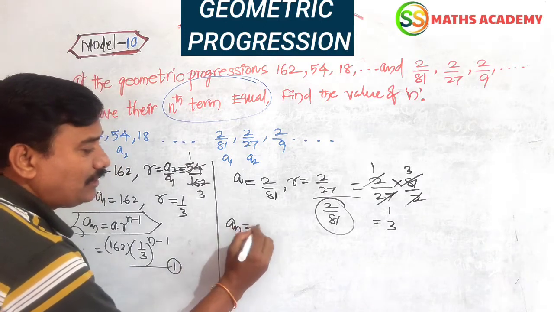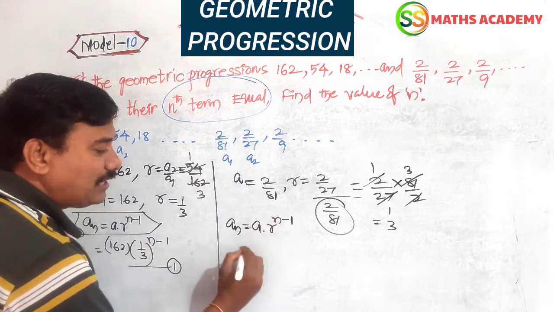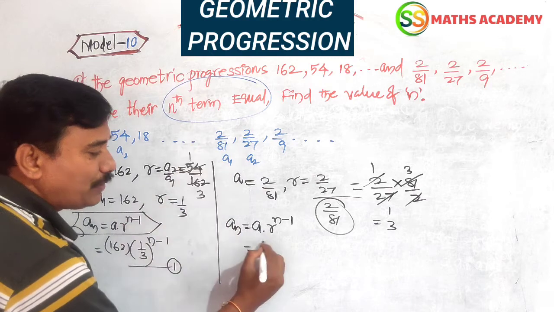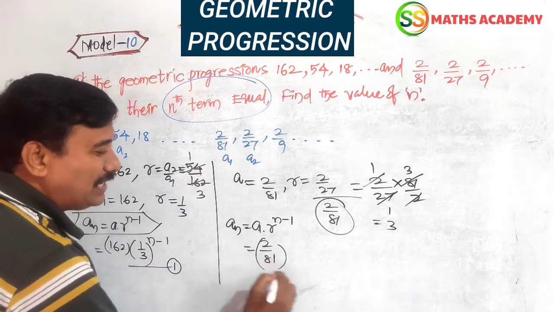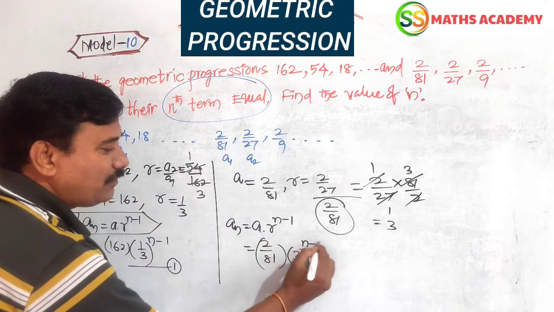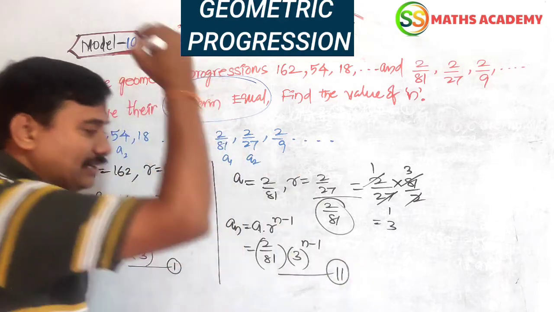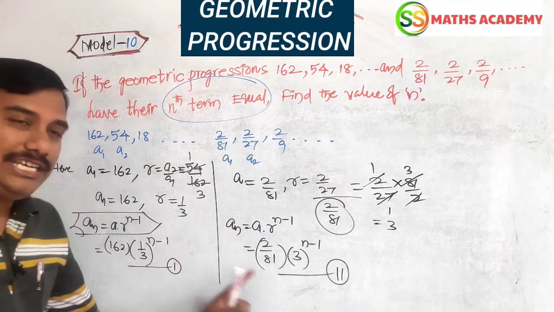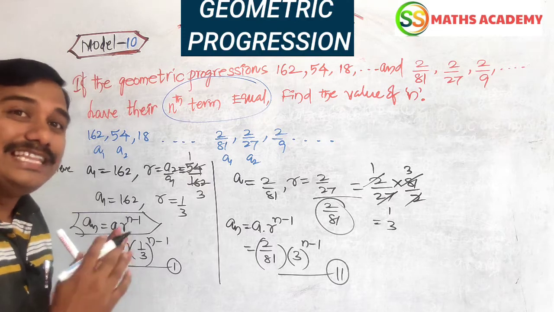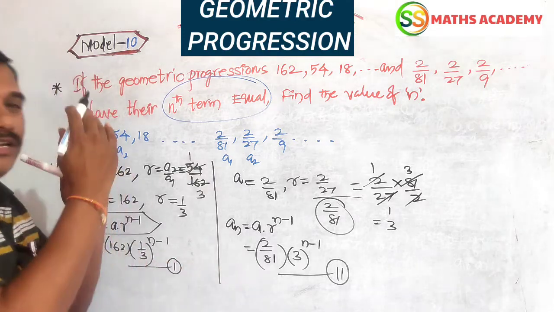What is the nth term? A into R to the power of n minus 1. What is the A value? First number only. What is the R value? 3. N minus 1 we have to write like this. Yes, I am getting two nth terms, and these two are equal.